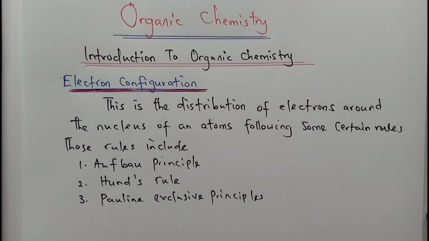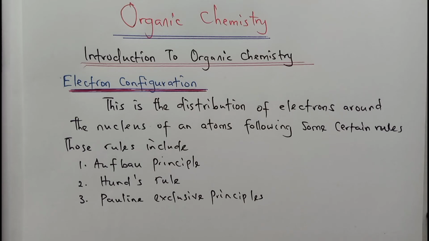The atomic number of carbon is 6, and the atomic number of nitrogen is 7. I'm not going to spend much time on the Aufbau principle, Hund's rule, and the Pauli exclusion principle, but we are going to make good use of them in this little exposition on the electron configuration of carbon, although I'll be working alongside nitrogen. The atomic number of carbon is 6.